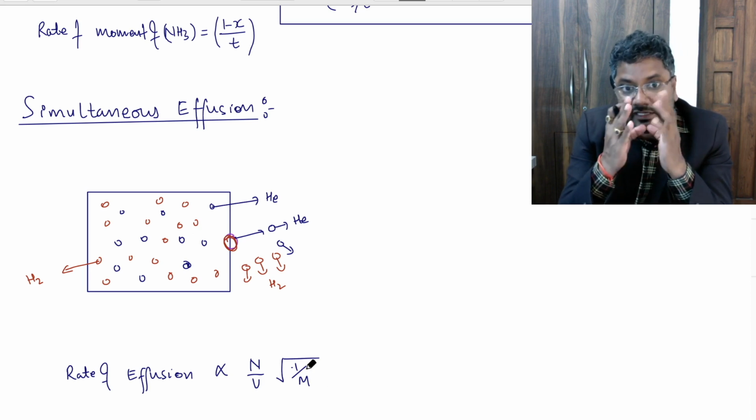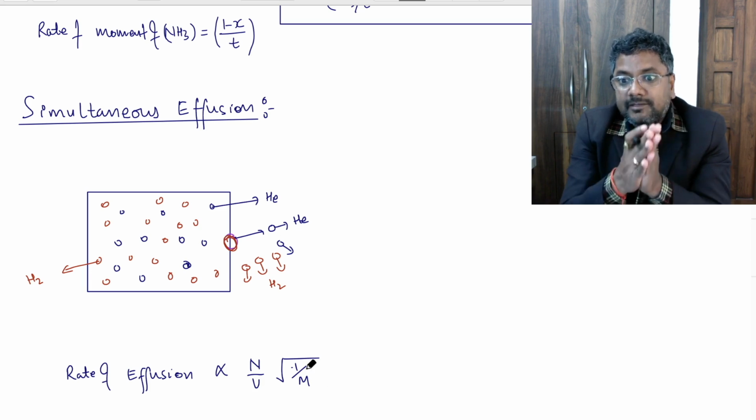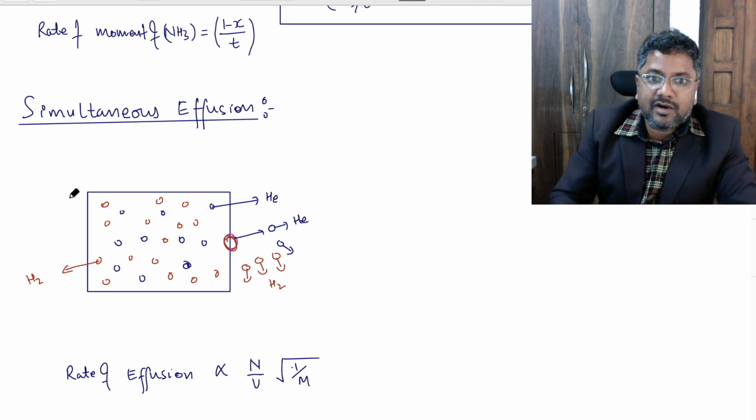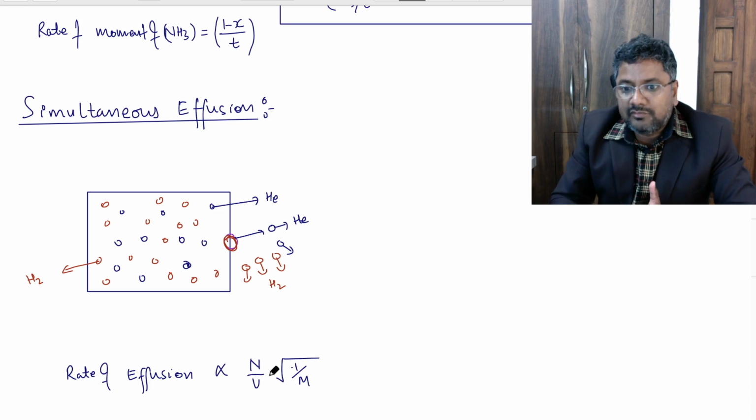Their relative population, meaning number density, is also important. Although the volume is the same for both gases, the number of moles, that is, the number of molecules, is different.